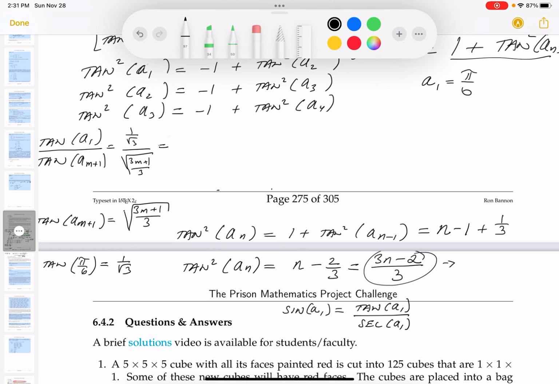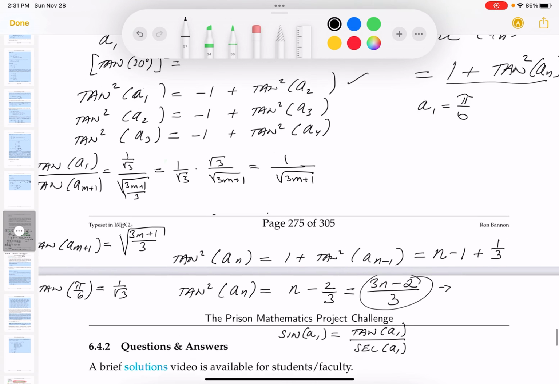I've got to be really careful because I'm not even at the end of it, I'm just at the beginning. This is going to turn out to be 1 over root 3 times root 3 over the square root of 3m plus 1, which is 1 over the root of 3m plus 1.